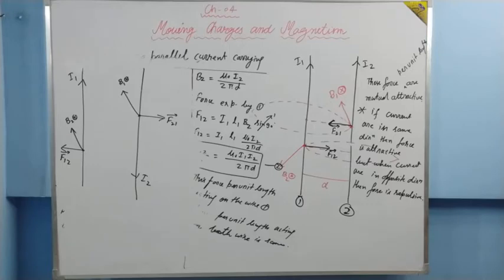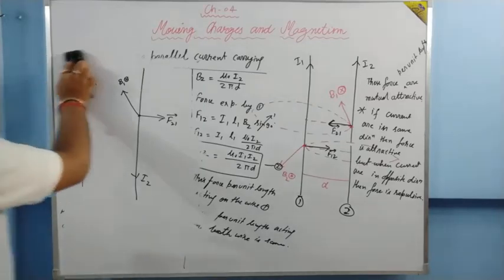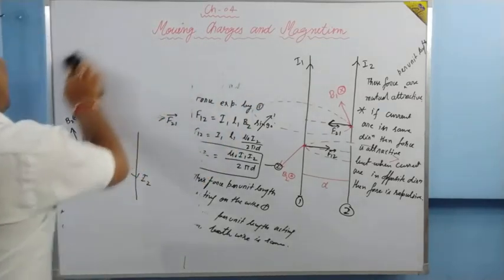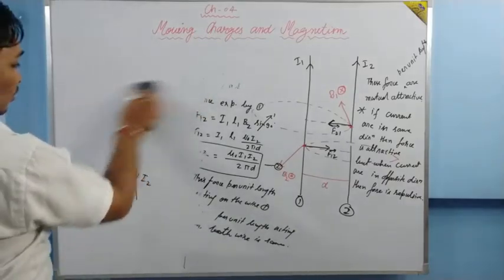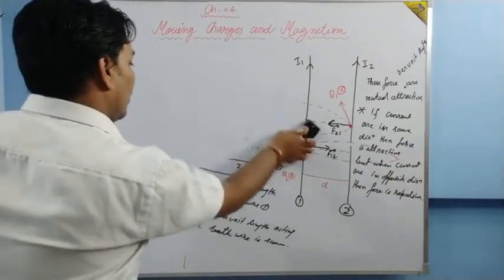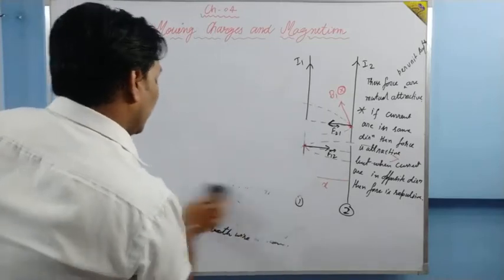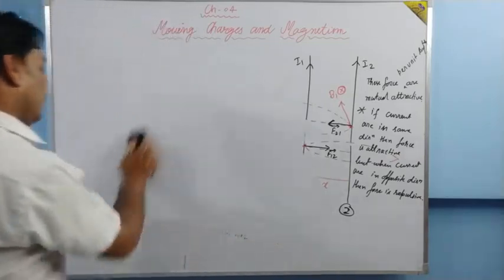One more very important definition comes out from here, and you should know, because that definition has been asked in the board examination so many times, and that definition is of 1 ampere. Let us define that definition also.